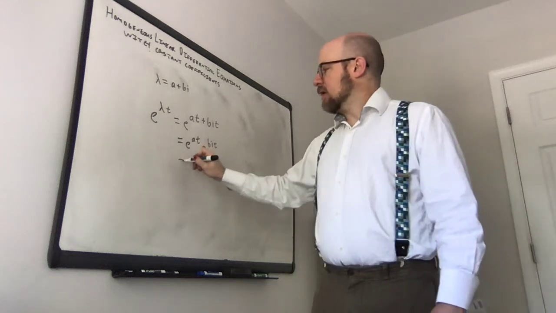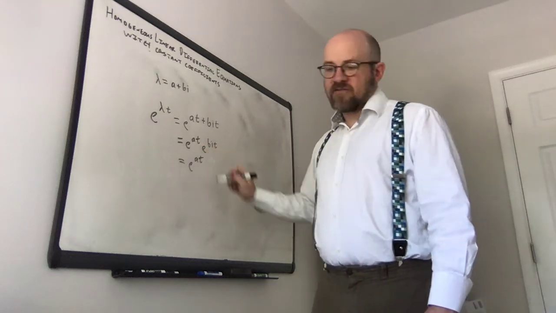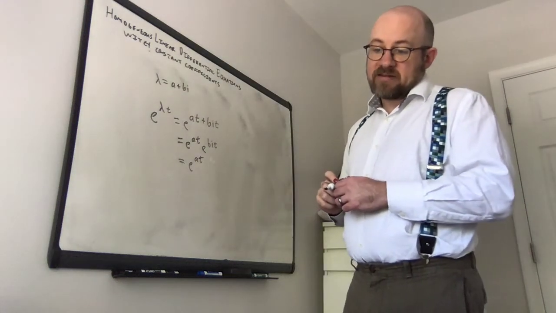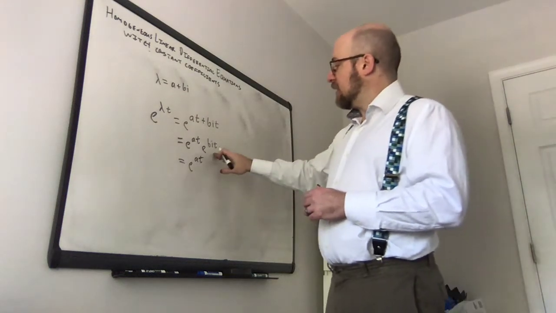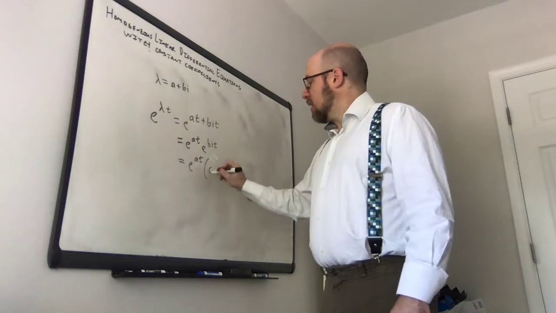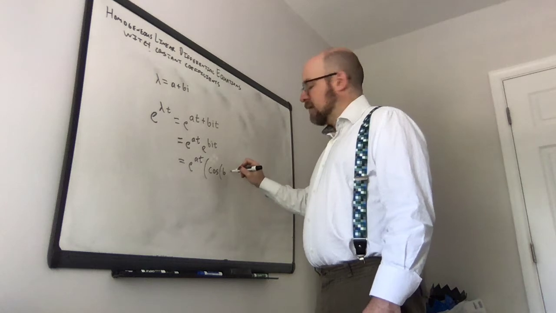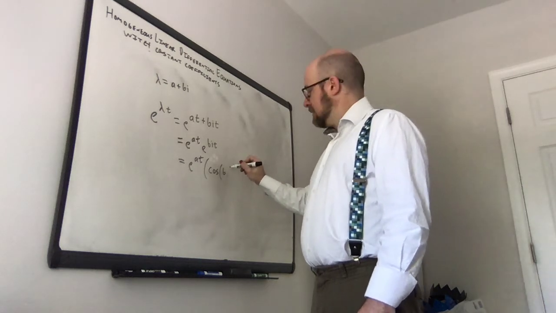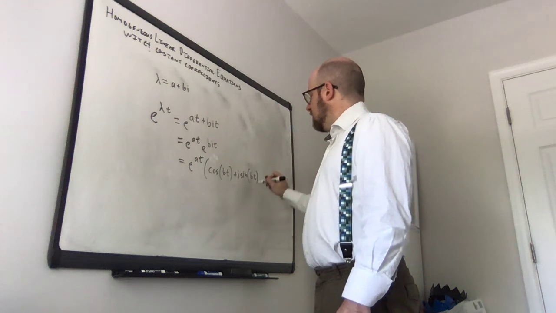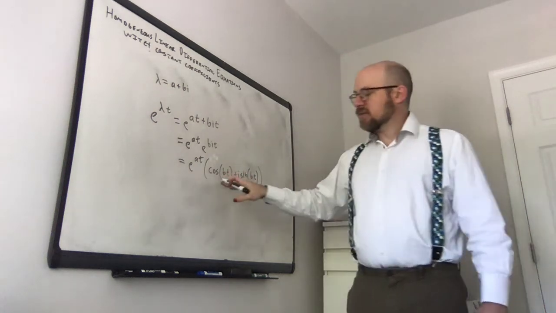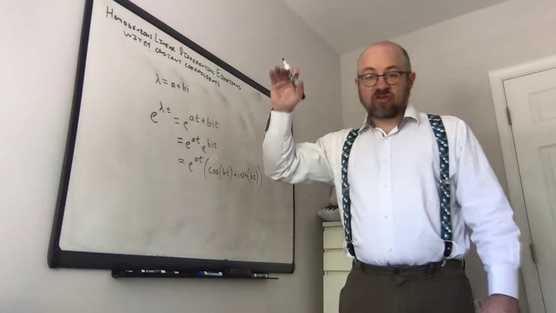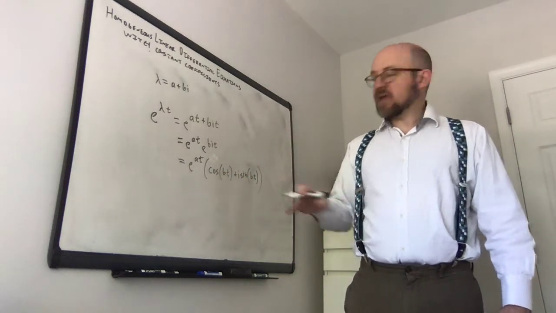From complex numbers, there's a formula called Euler's formula, which lets you rewrite something like e to the bit as cosine of bt plus i sine of bt. And so your oscillation is coming from this trigonometric term. So that's where that's coming in.